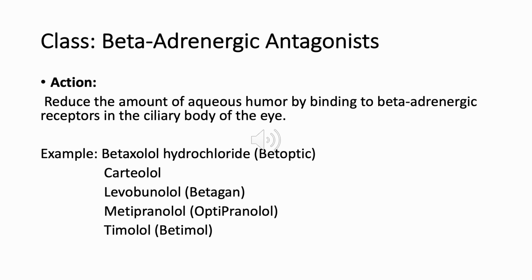The beta-adrenergic antagonists, also called beta blockers, reduce the amount of aqueous humor produced from the ciliary body of the eye. They do this by binding to the beta-adrenergic receptors in the ciliary body of the eye. Normally, cells in the ciliary body produce aqueous humor, so blocking the action of these cells reduces the production of aqueous humor.